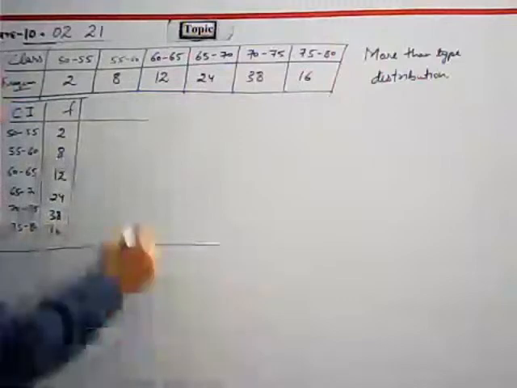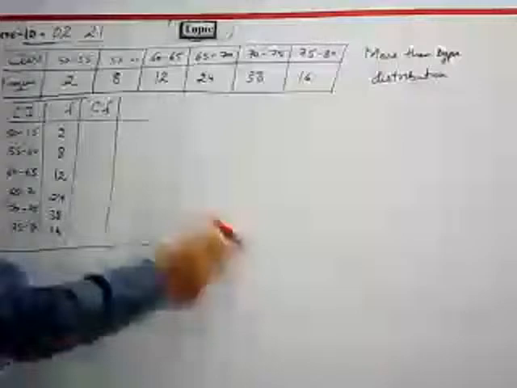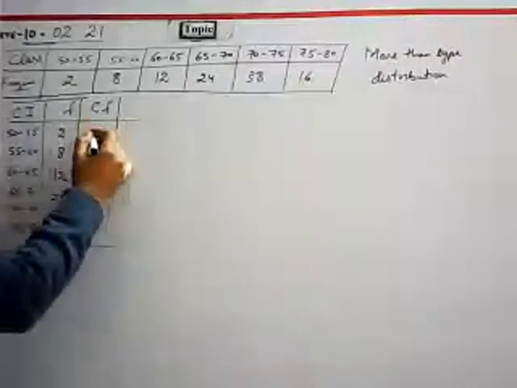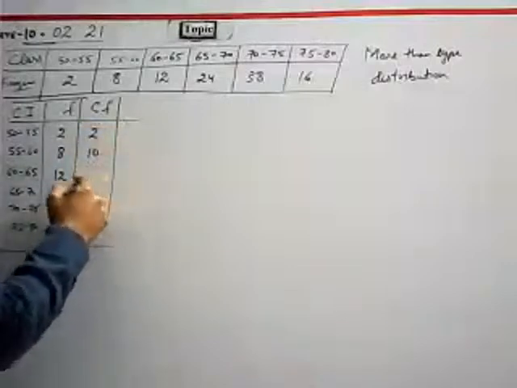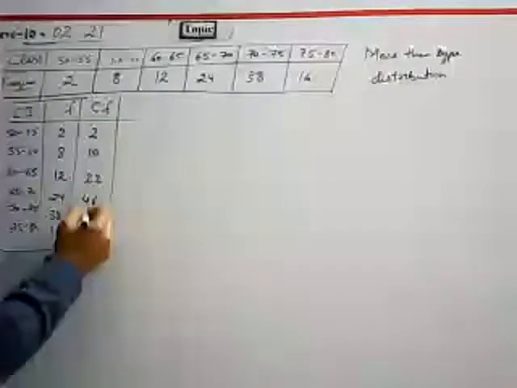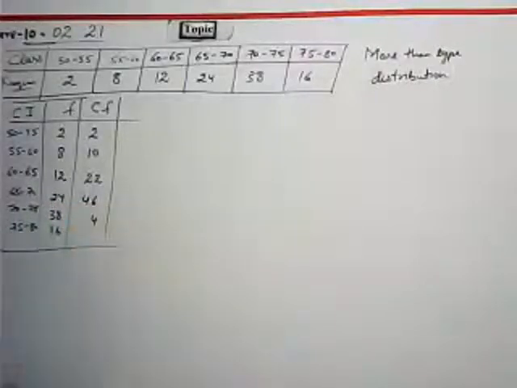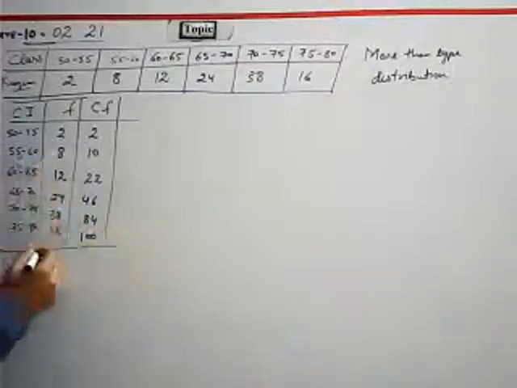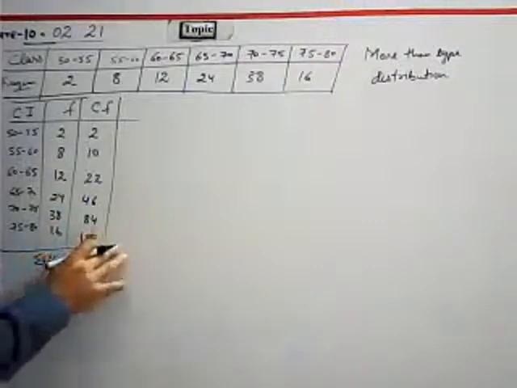So here we can find first the CF, cumulative frequency. In case of cumulative frequency start with the 2, right? 8, 10, and 12, that is 22, and 46 plus 38, that is 84, 100, right? Total frequency, that is sum of Fi, that is 100, right?